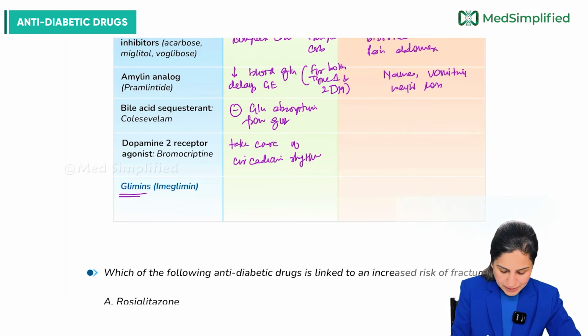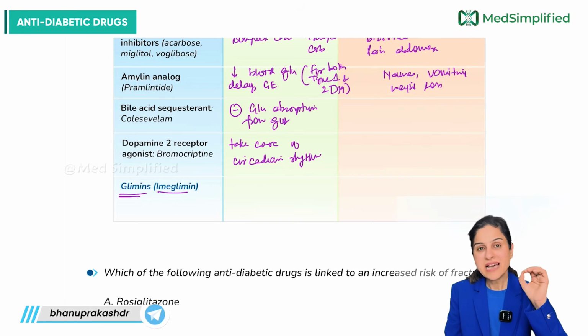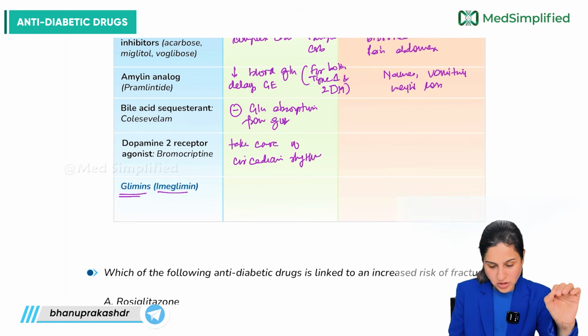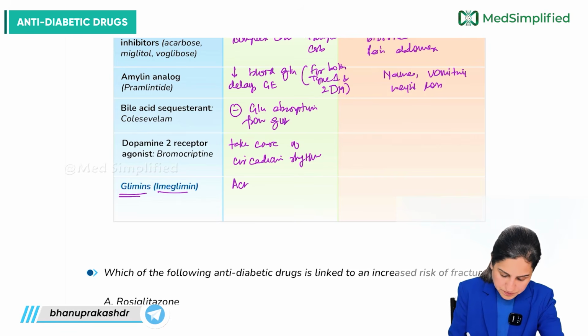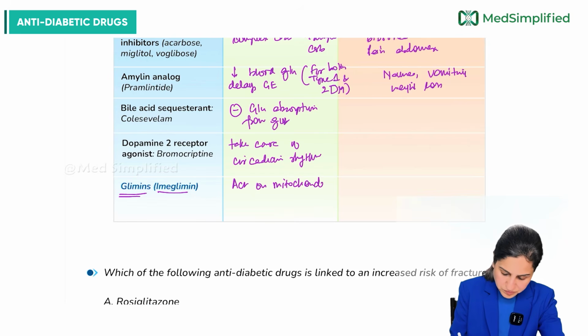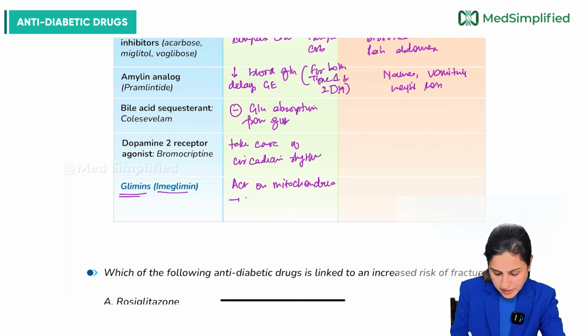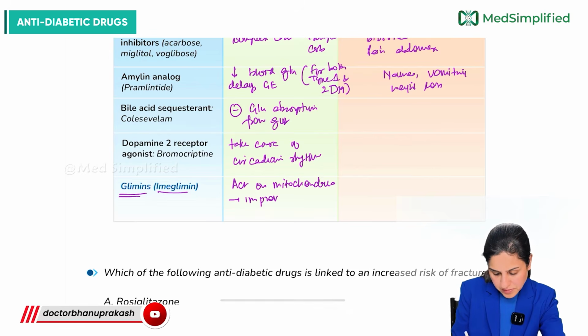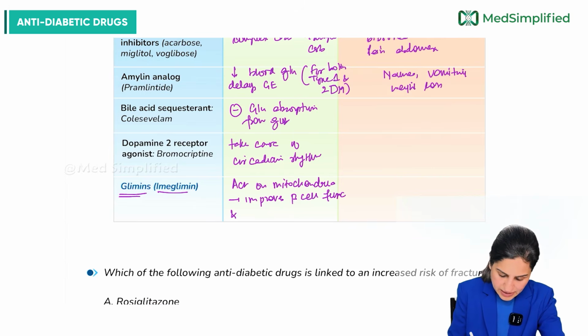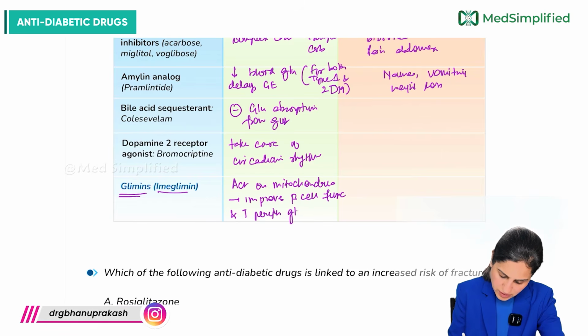Newer drug group is glimins, which is imeglimin. It has a very unique mechanism of action: it acts at the mitochondrial level, and therefore improves the beta cell function of the pancreas, and it also increases peripheral glucose utilization.